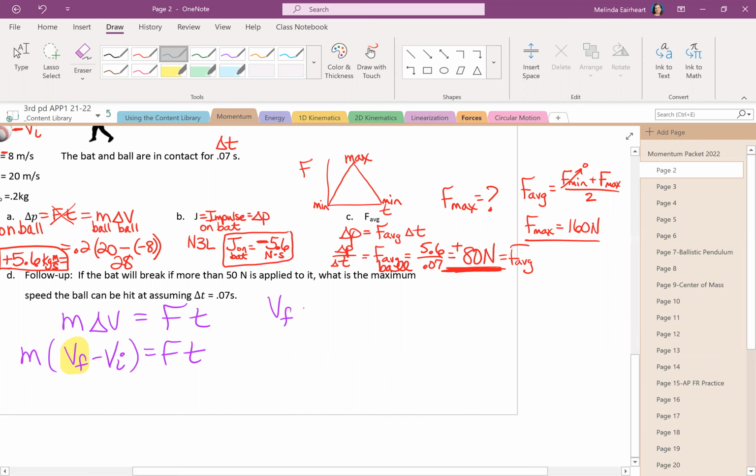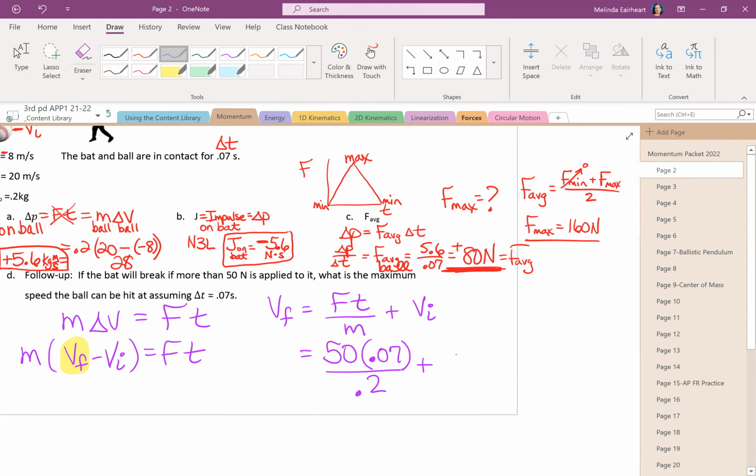Final velocity would be the force times time, divided by mass, and then add v initial. The new force is 50. Time is the same, 0.07. Mass, 0.2. Plus, what was the initial velocity again? Negative 8. Careful there. And get me the new final velocity.